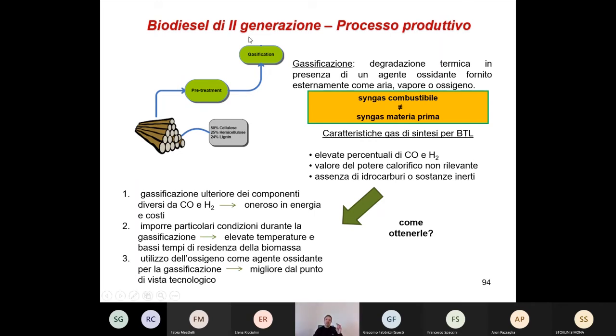You remember that gasification is a sort of combustion, a part of combustion, but the main part is a reaction without oxygen. So we have less oxygen than we need for the complete combustion. So in a small part, 25% approximately, we have a combustion just to produce energy for the reaction of gasification.